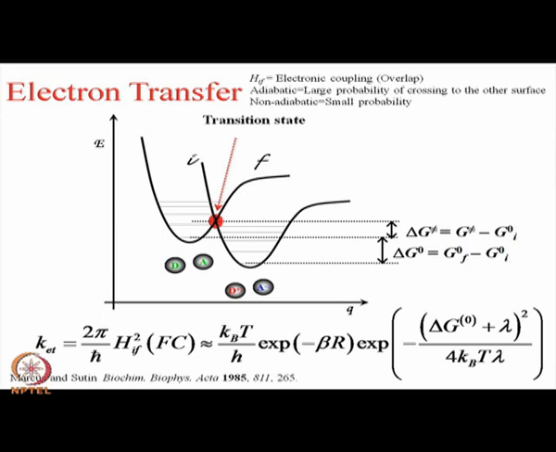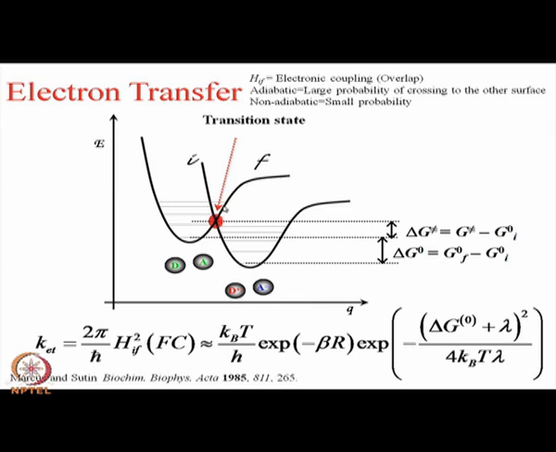So, electron transfer. This is your initial state, and this is your final energy diagram. This is your intersection, that is your transition point. In some cases your crossing is avoided, that is, here they are not crossing.